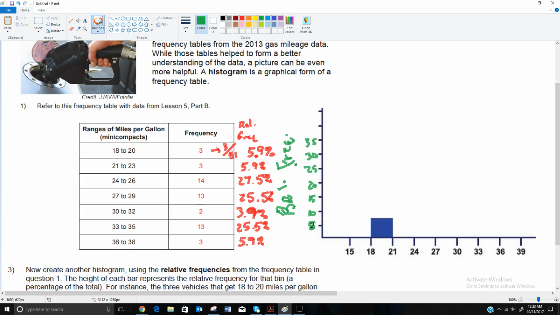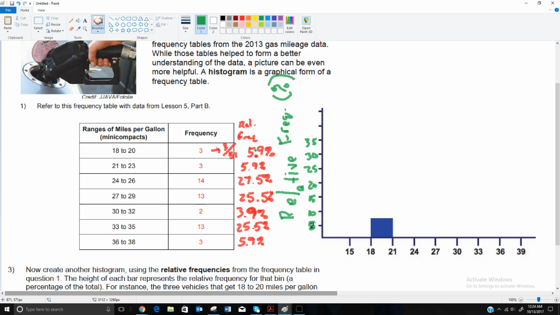Okay, so that's supposed to say relative frequency. So I fixed this so that it looks a little bit better. This is supposed to say relative frequency in percentage. So this would be 5%, 10%, 15%.